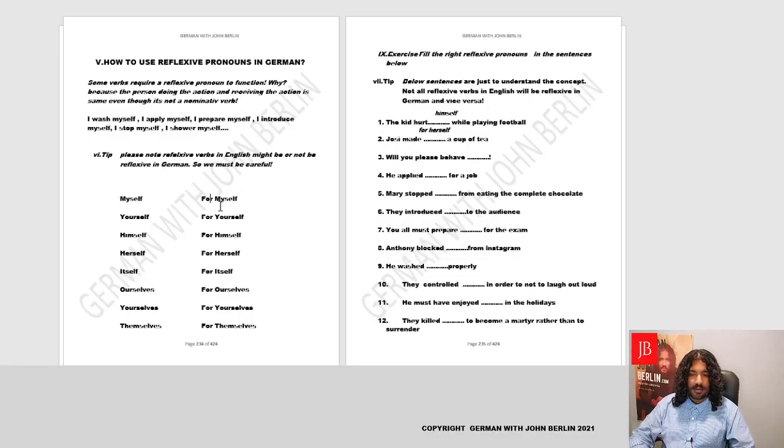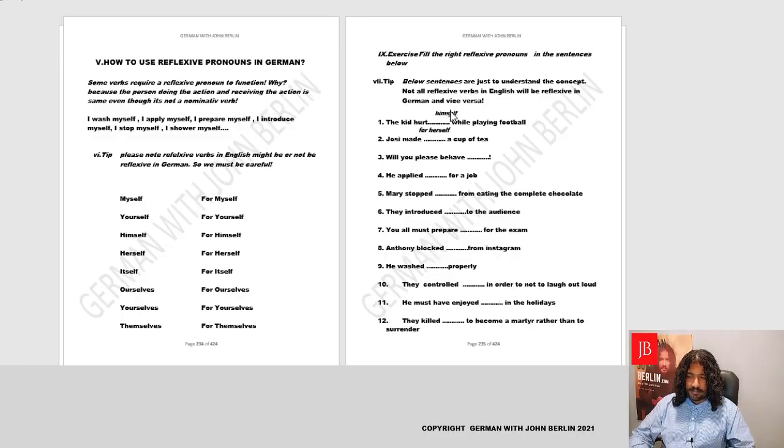The quick idea I could give you to identify whether it should be myself or for myself: if the accusative part of a sentence is a thing, like tea, versus a person. In the sentence the kid hurt himself, the accusative part is the kid himself.